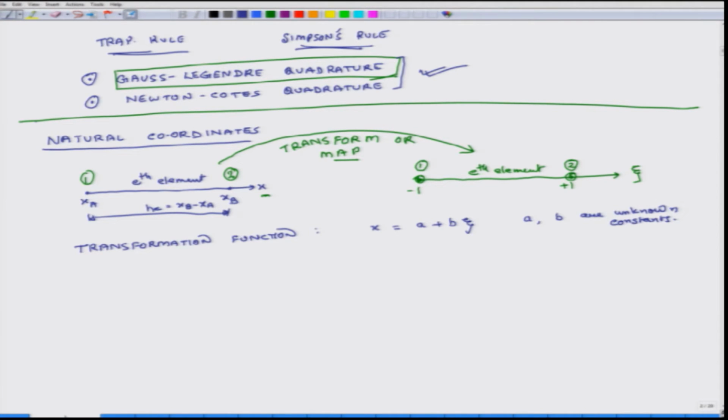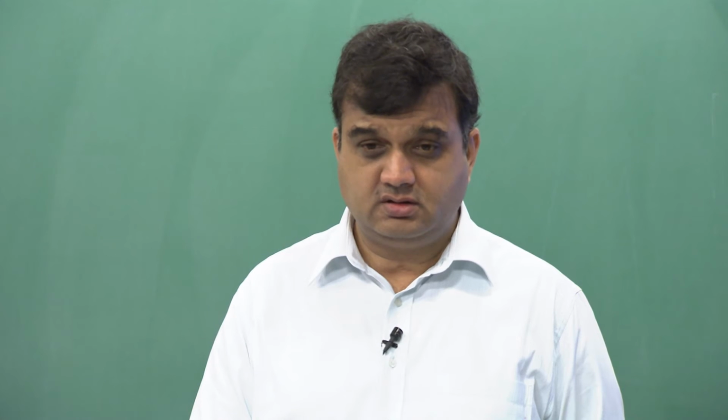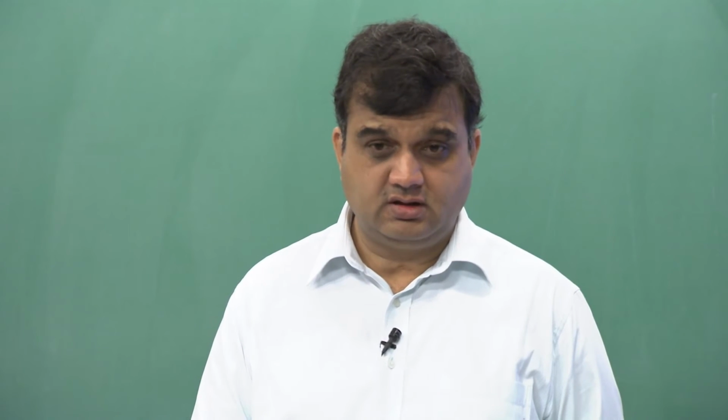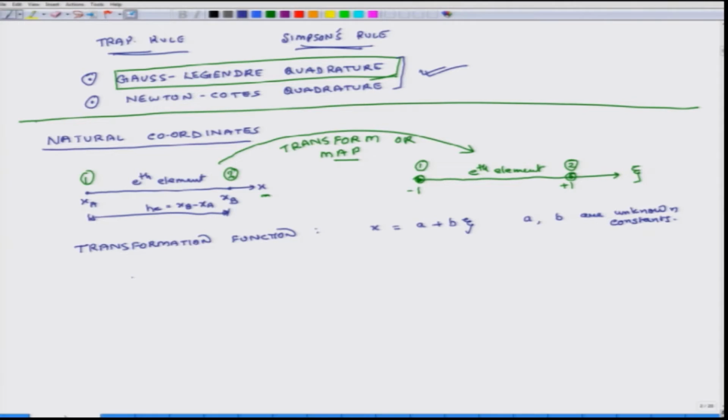Now, we know 2 conditions about these 2 elements: corresponding to xa, what is the value of zeta? -1. So, when x is equal to xa, the value of zeta is -1. So, it is a plus b into -1.